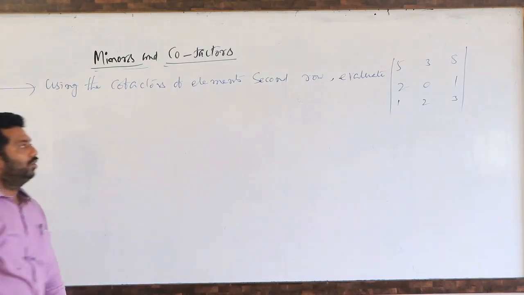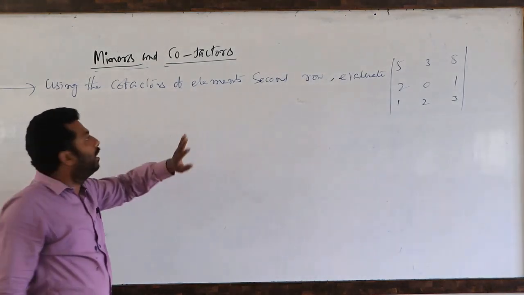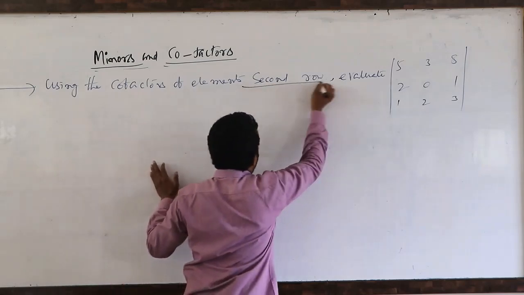So indirectly we have to expand the determinant along the second row.